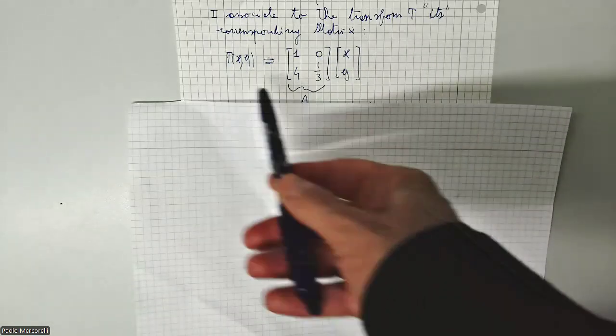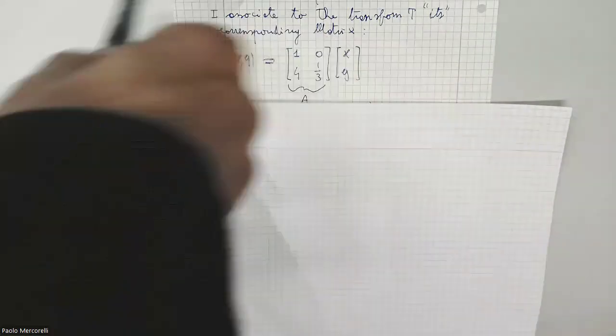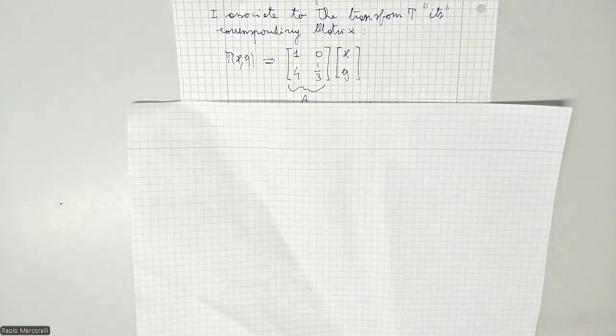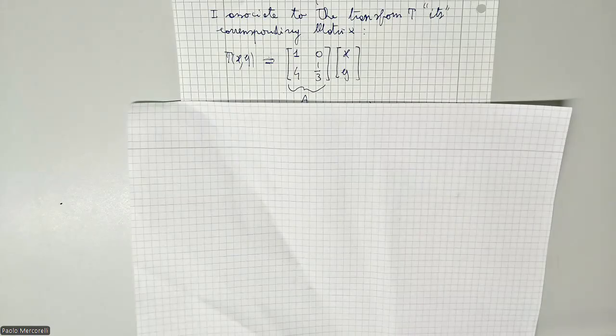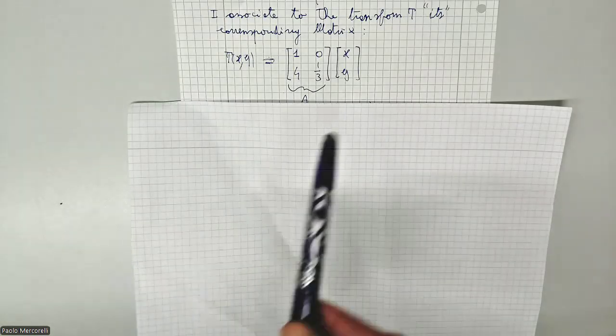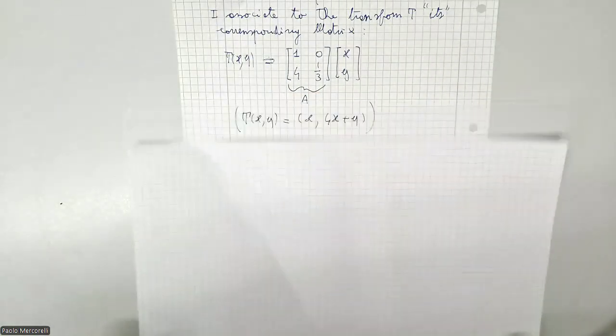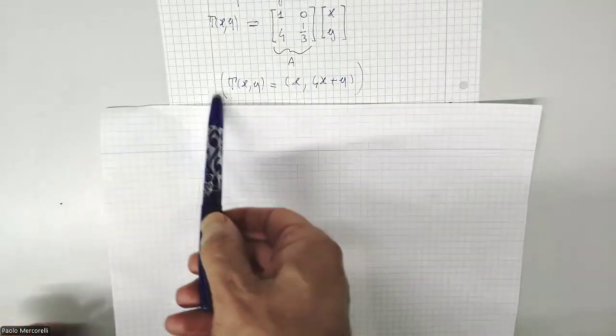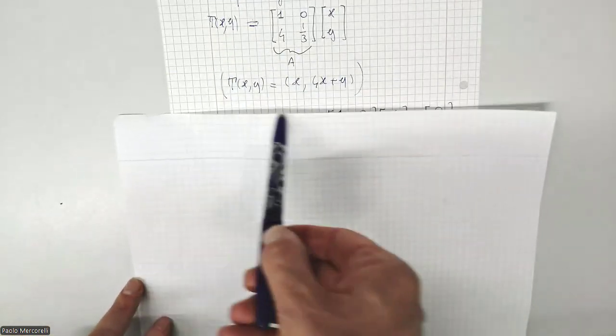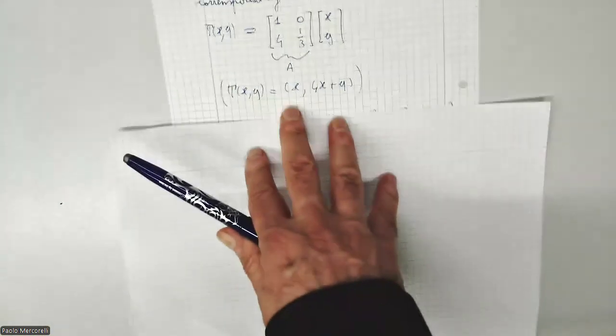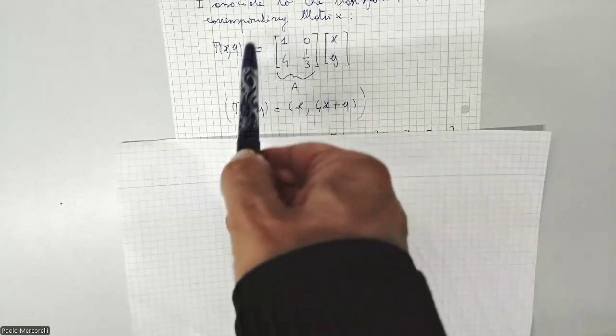Now, I don't know if you remember, at the end of the lecture last time, I introduced the concept of the representation of a transformation in the form of a matrix. This expression here is equivalent to this.